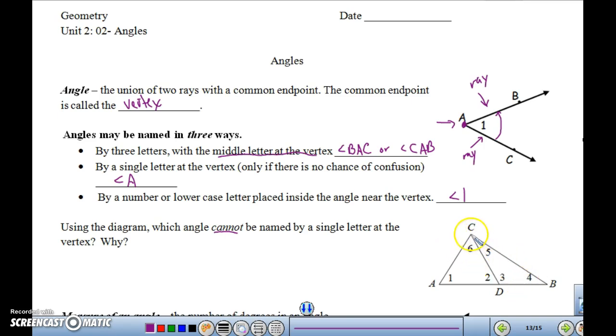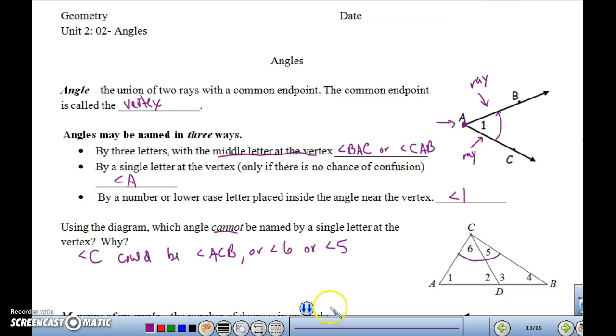If I look at angle C as my vertex, angle C, right here, I don't know if I'm talking about this angle for angle C, or angle 6 or angle 5 also has a vertex at C. So angle C could be angle ACB, it could be angle 6 or angle 5.